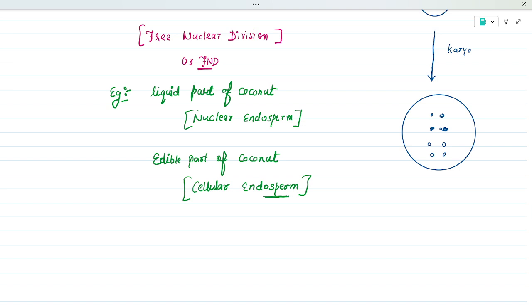So there will be the last topic, that is the significance of mitosis.